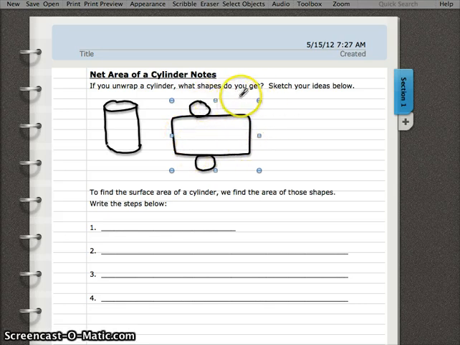So the area of a circle, if you remember, is r squared times pi. You can switch the order and say it's pi r squared. I like to leave the pi at the end because in some cases they ask you to leave it in terms of pi, in which case it's already in the spot it needs to be.